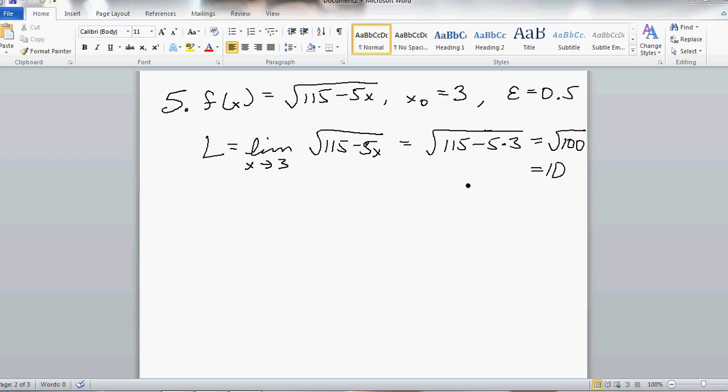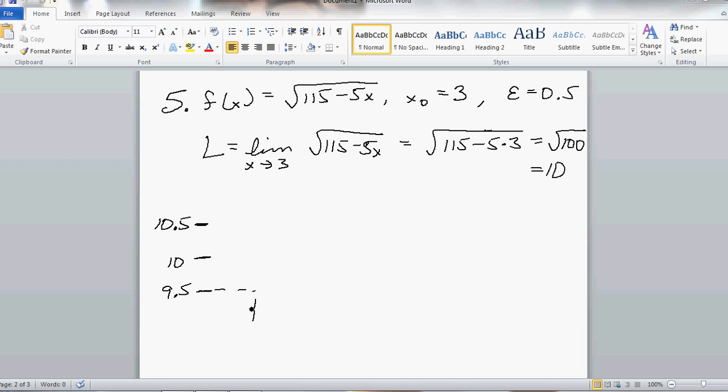So we have L is 10. So now we can put in our 10 there. We know we're going to have one above and one below, and in particular we're going to go 0.5 in both directions. So this will be 10.5, this will be 9.5.